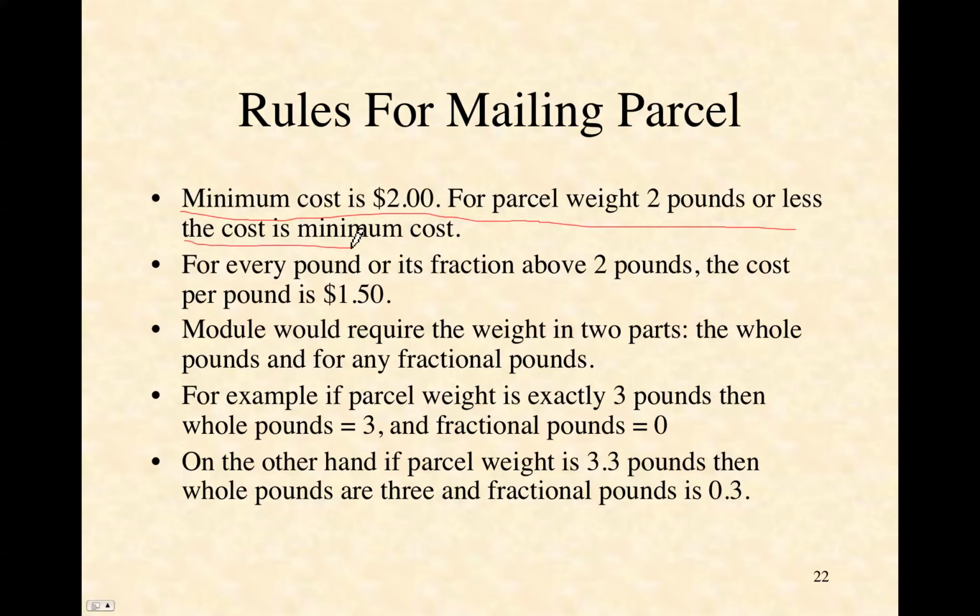The cost is minimum cost, so it's going to cost $2 no matter how much the parcel weighs. However, for every pound or fraction above 2 pounds, the cost per pound is $1.50. So if it's, let's say, 2.2 pounds, it's going to cost $3.50. If it's 3 pounds, it's still going to cost $3.50.